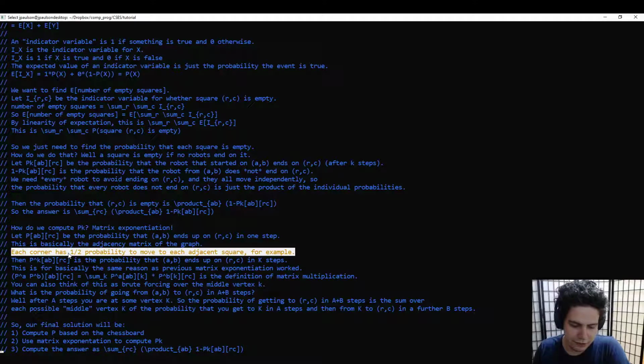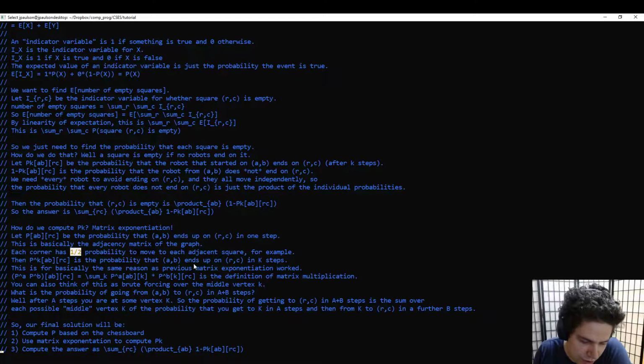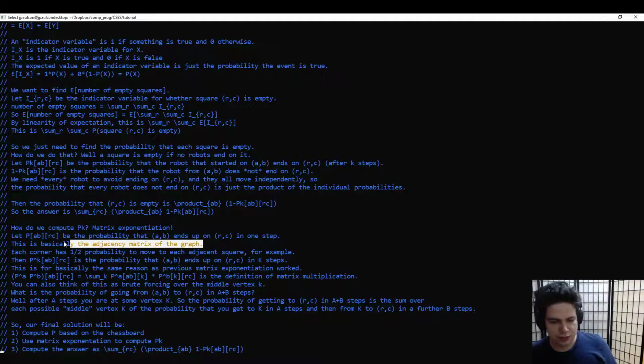You just write down the neighbors of each square. Each corner has 2 neighbors, so you write down that the corner has a half probability to go to each of its 2 neighbors. And the same thing for the edges and the interior squares. So this is basically just writing down the adjacency matrix, except we're writing down probabilities instead of edge weights, but it's fine.